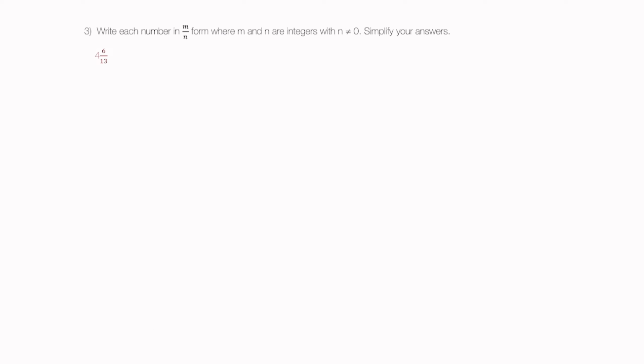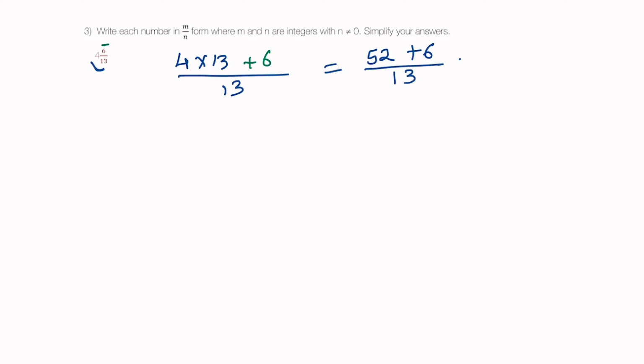The next here. Now we have a mixed number. First, we need to convert that. And what's the conversion? It's 4 times 13. We multiply these two and we add this number here, and the denominator remains as it is. 4 times 13 is 52 plus 6 over 13, which is equal to 58 over 13, and that's my answer.